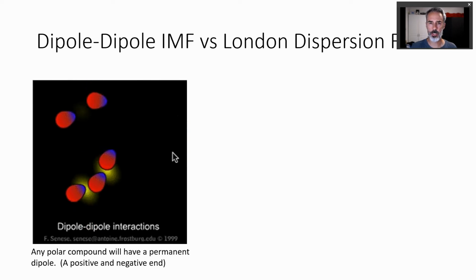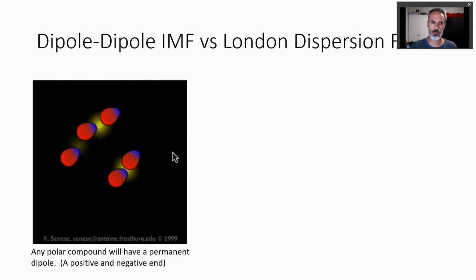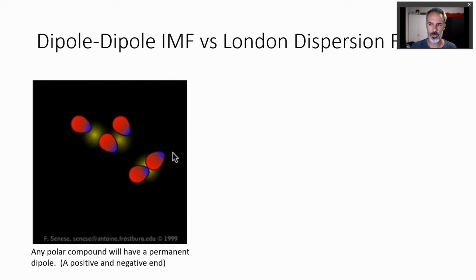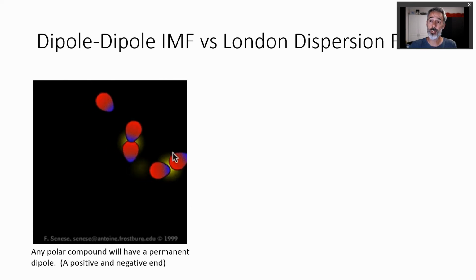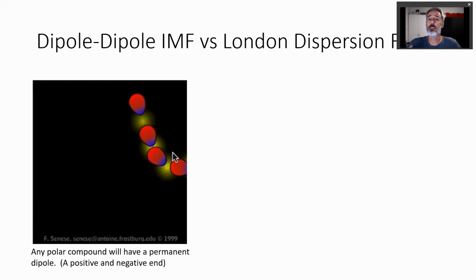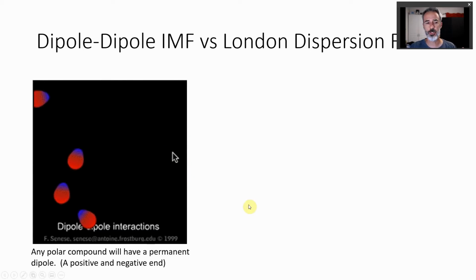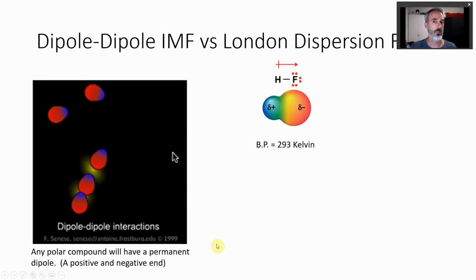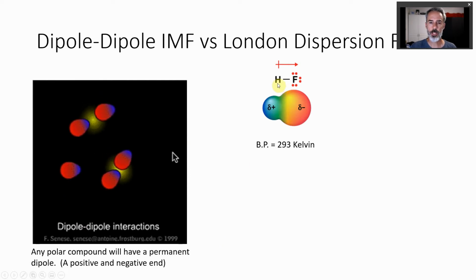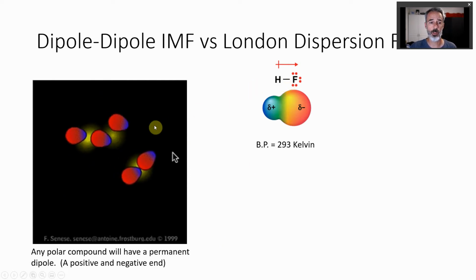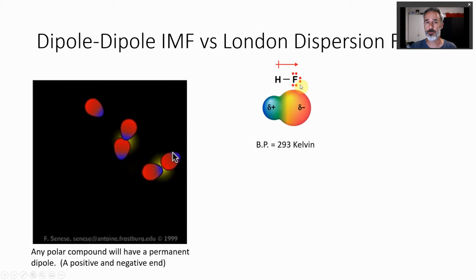But they're not strong interactions. We're talking 20 kilojoules, maybe 10 kilojoules. So if there's a high enough temperature, then obviously you can break those intermolecular forces and separate them. But there's no way that you could actually break the bond at that sort of temperature. A good example of a polar compound that might look like this is hydrogen fluoride, right?